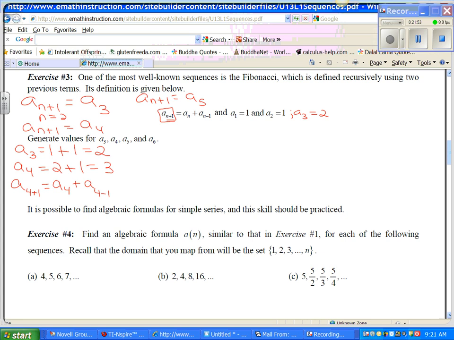Do you see what I did with the n, Cassandra? Okay, so if it works better this way, do it this way. Okay, so we have A sub 5 equals, what's A sub 4? 3. And plus A sub 3, which is 2, and that gives me a value of 5. Is it easier for you to write it in there with the n? Okay, then write it in there with the n.